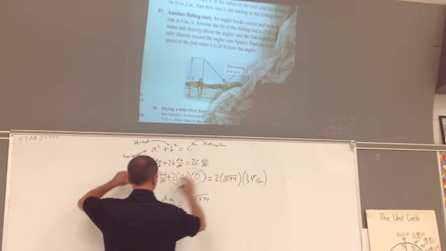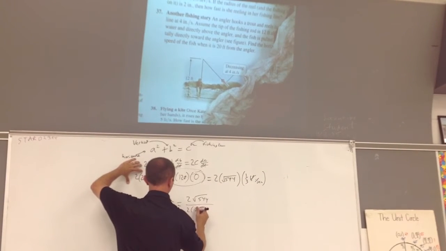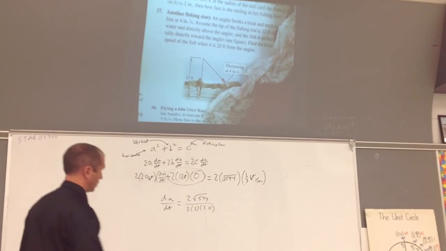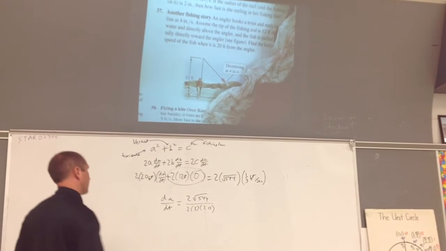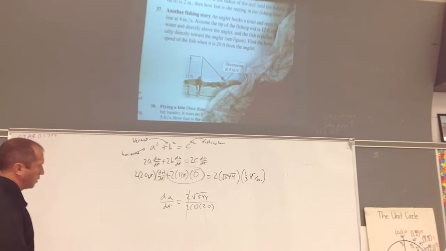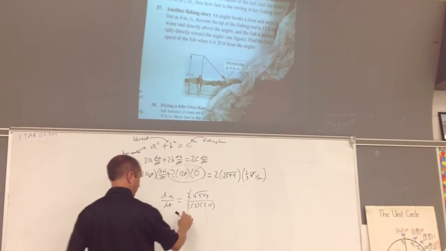Now if you pull this 3 to the denominator here, it'll be 2 times 3 times 20. And those 2's go away. So we've got the square root of 544 divided by 60.